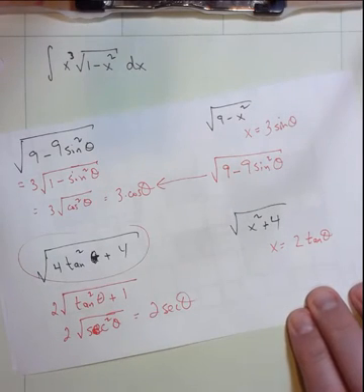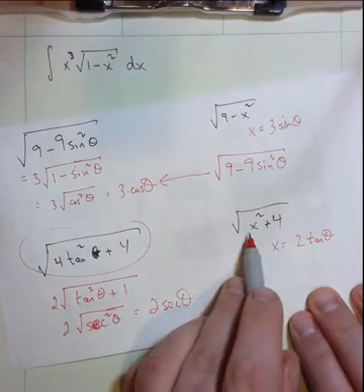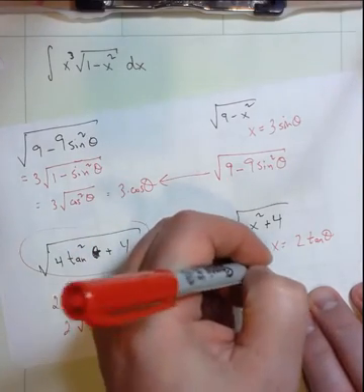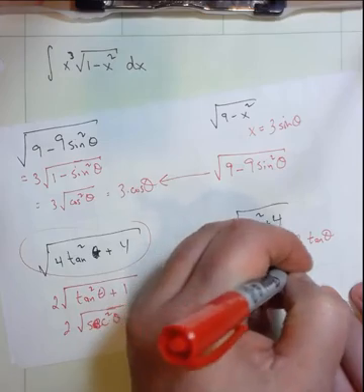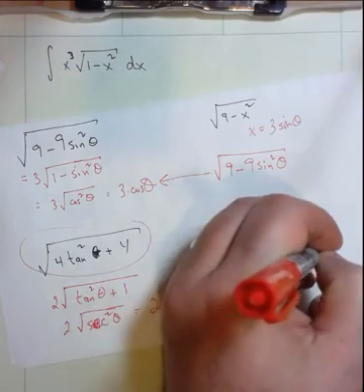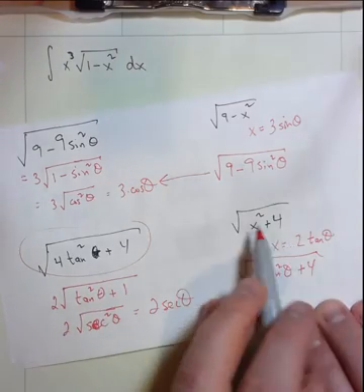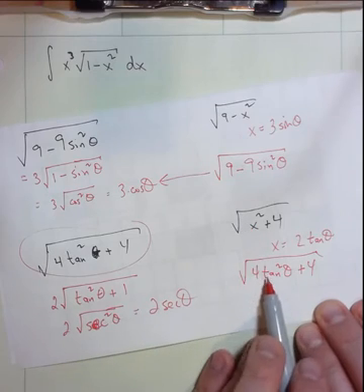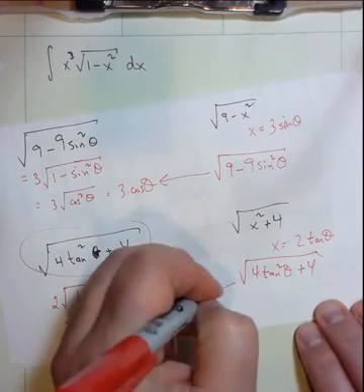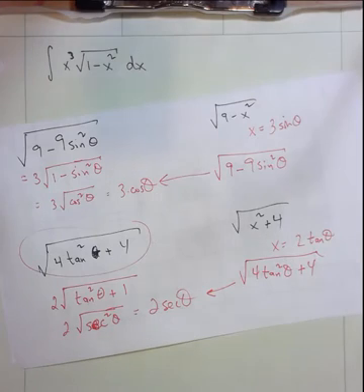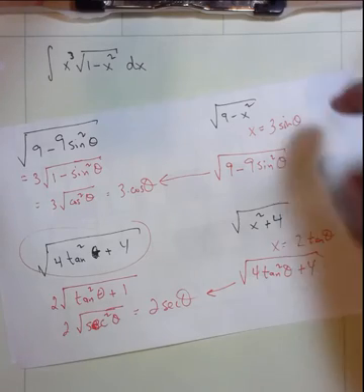If I make that substitution, x squared will become 4 tangent squared theta. And so with that substitution, this radical expression can be made to look like this, which then simplifies to 2 secant theta. We're going to use this idea in the context of an antiderivative.